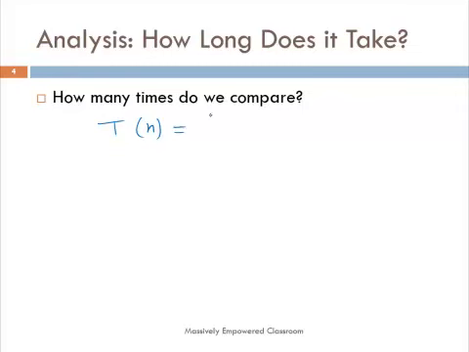If I divide it into two parts, it is nothing but the complexity of solving problem P1 and the complexity of solving subproblem P2. P1 and P2 were of size n by 2, but there is an additional cost involved in combining those solutions, and let's say that is some function f of n.